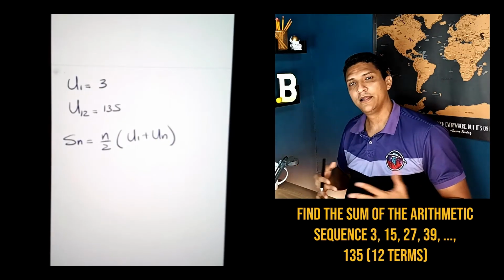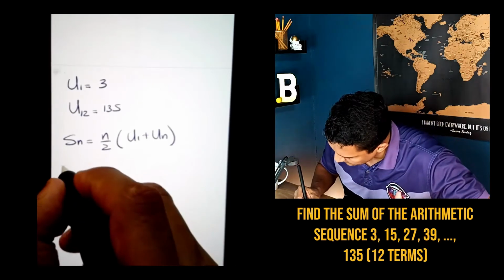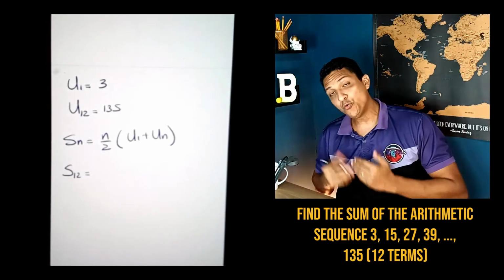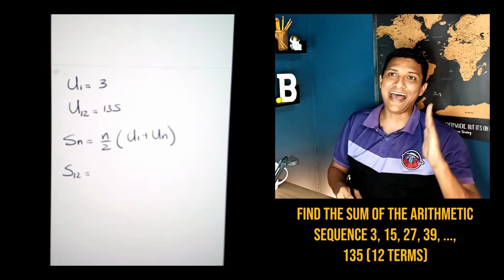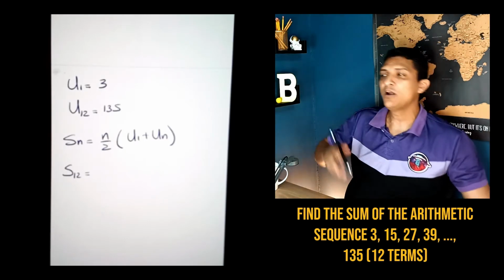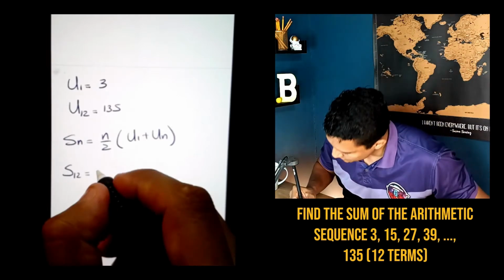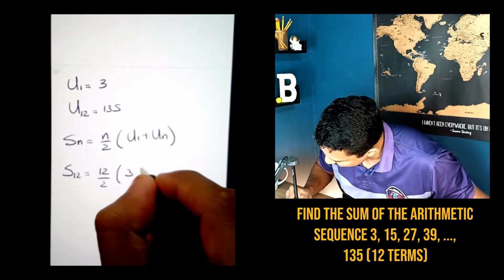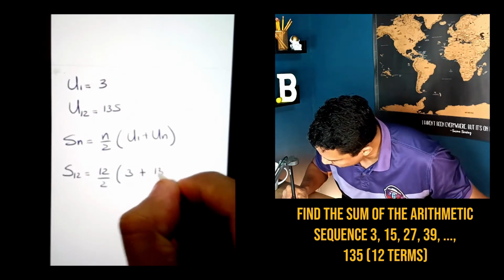Okay, the formula is already written, so now I'm going to start substituting the values of the variables. We already know that the sum is going to be S sub 12, which means we're adding from the first term until the 12th, including the 12th. So n is 12, u1 is 3, and un, or u12, is 135.